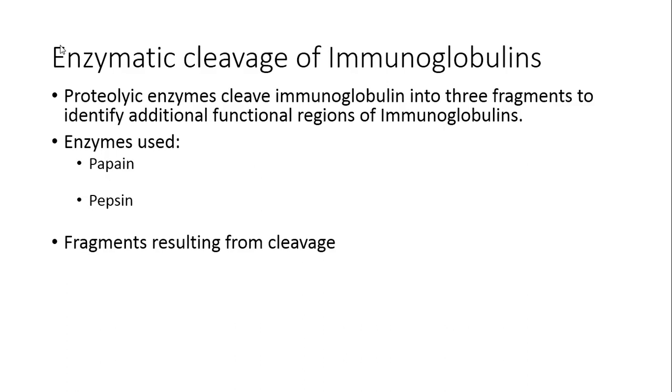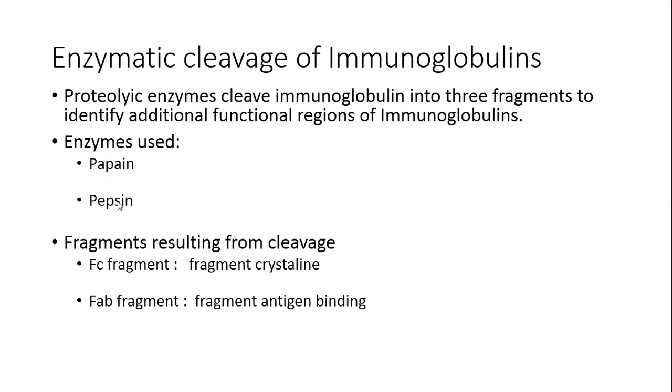Two types of proteolytic enzymes get used, and what happens is they cleave or break the immunoglobulin into different fragments. The enzymes that we're going to look at are papain and pepsin. The fragments that result from the cleavage, the first one is called the FC fragment, or the fragment crystalline.